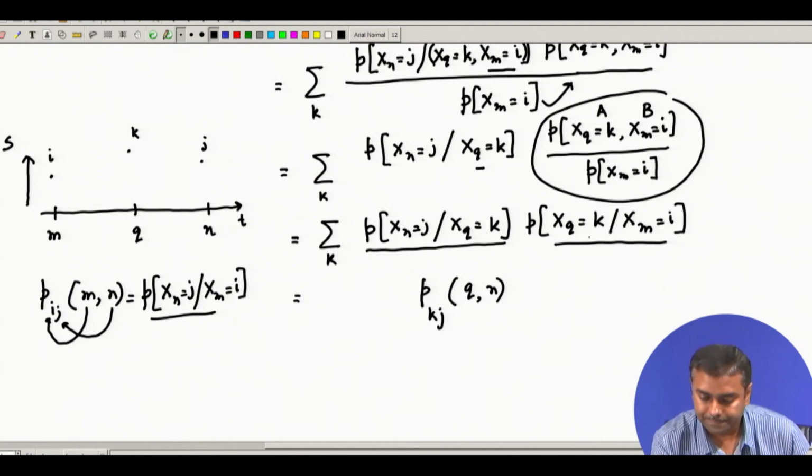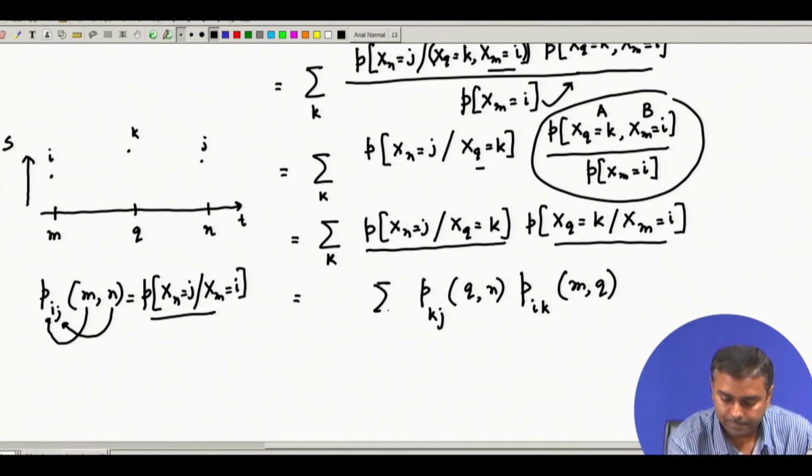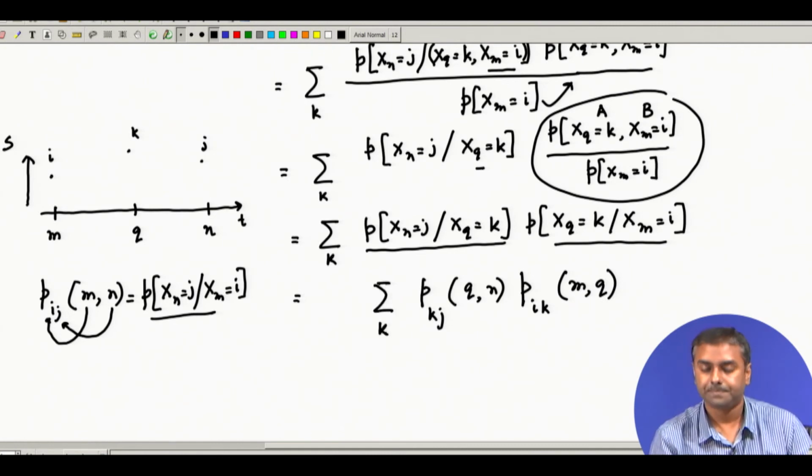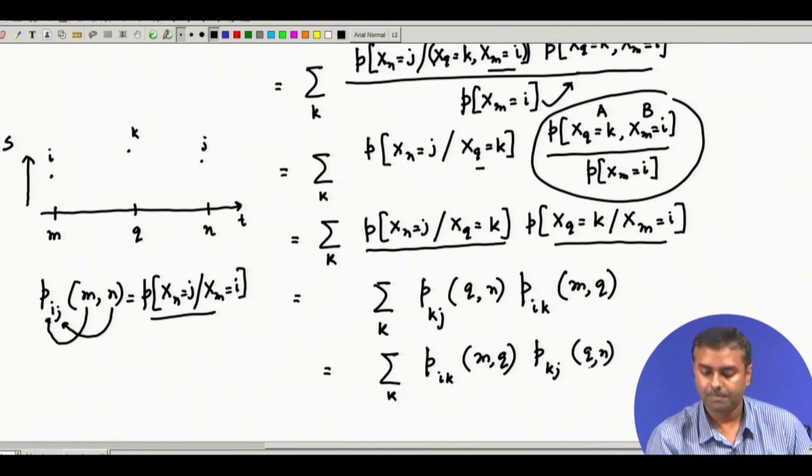Again a similar thing: the probability that it was in i going to k from m to q. Just shuffle them around. I will put this one first, i k.